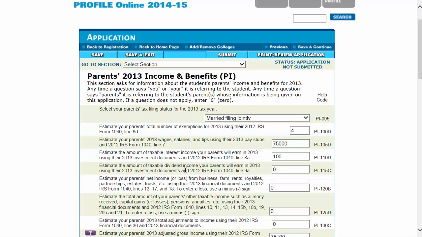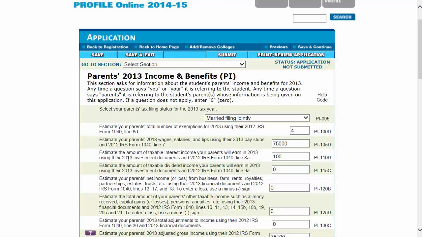If you have your 2013 W-2s, if you have your tax return from the previous year, it really makes it a lot easier to fill out this information. You'll see in the descriptions here for each one of the questions, it's referring you to the information on hand that can help you estimate these figures.